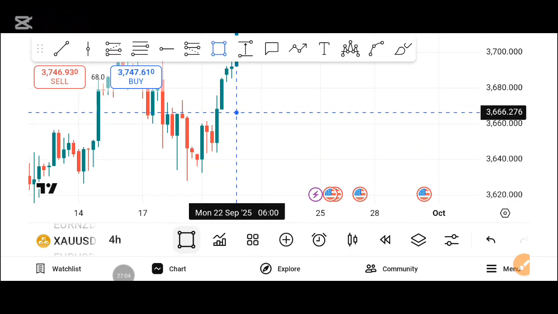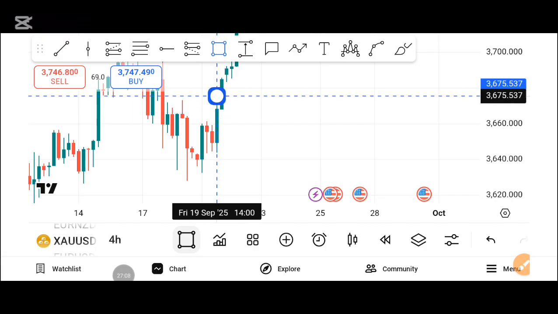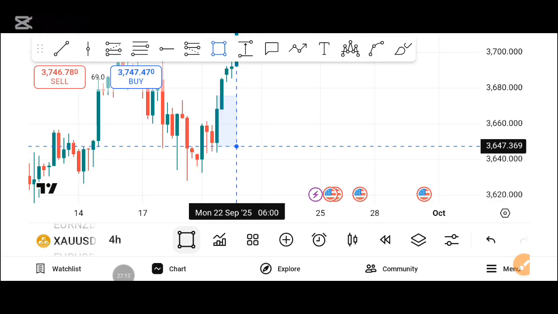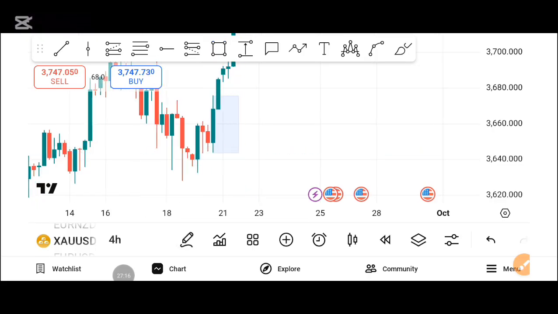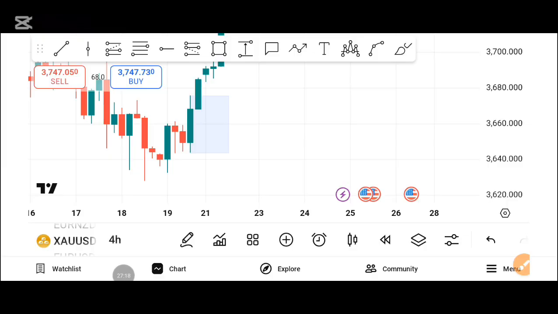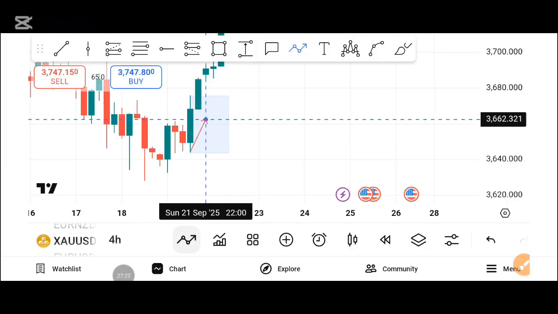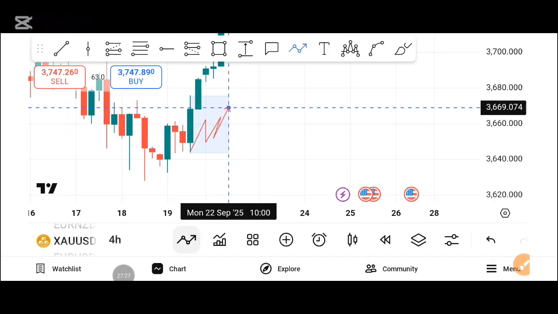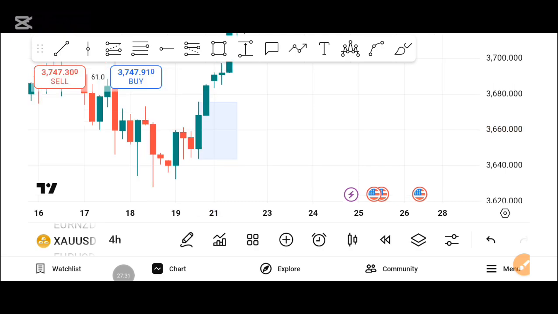This green candle, let's mark it. This is just one candle, right? But if we go down to 3 minutes, we will see a lot of candles formed in this box, because this is the higher time frame.